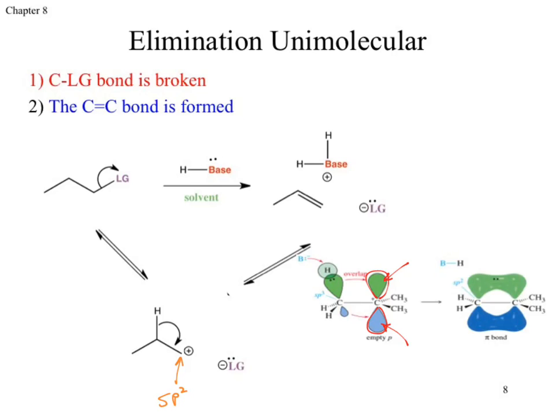Remember, it's still a single bond. I can freely rotate that. I can rotate that bond until I get the perfect alignment between the hydrogen and the carbon. And now the hydrogen can get popped off, the electron density falls in, and we form that pi bond. Only at the instant that those orbitals align can I get that elimination to occur.